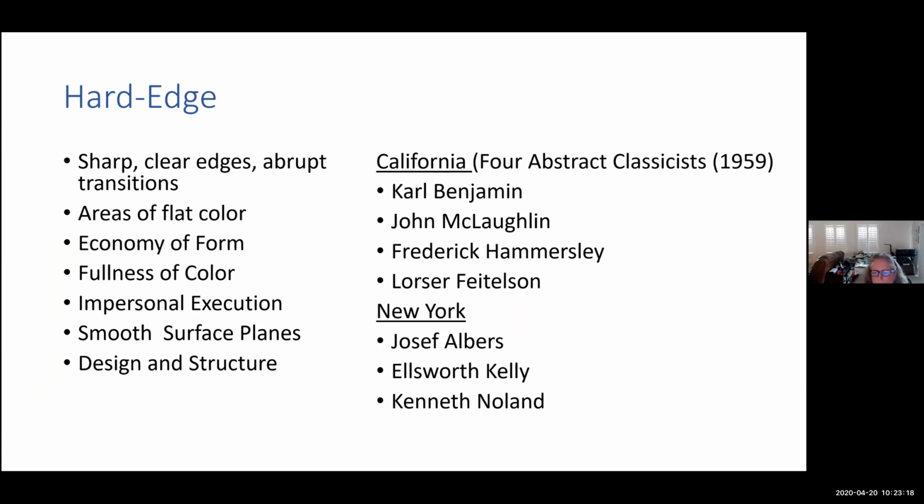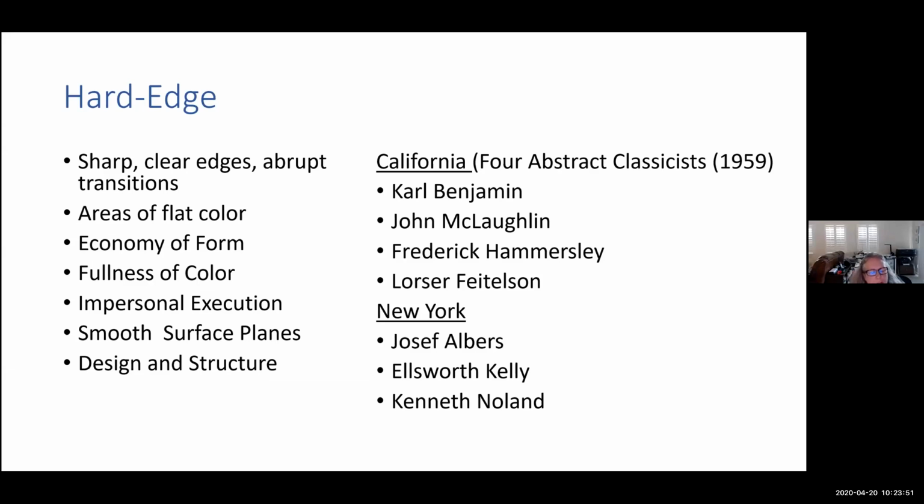So let's talk about hard edge and what constitutes hard edge. It's what you might suspect just from the name. We have sharp, clear edges and abrupt transitions. And once again, we have areas of flat color, economy of form, and again, I include in that geometric shapes, fullness of color, often very bright saturated colors, but not necessarily.